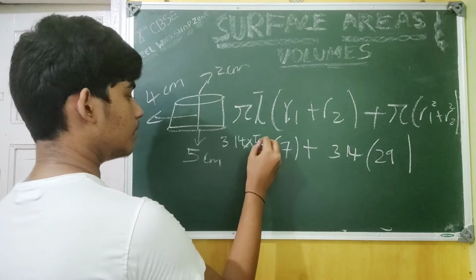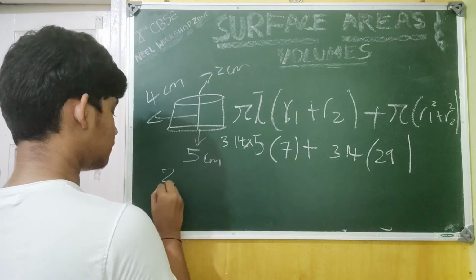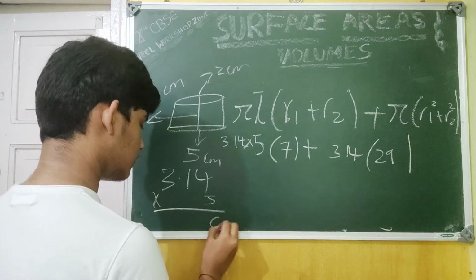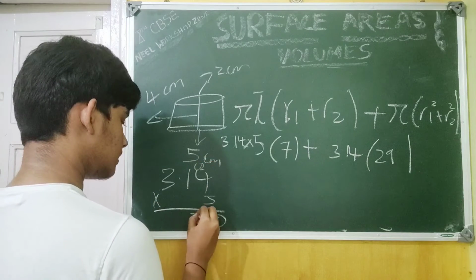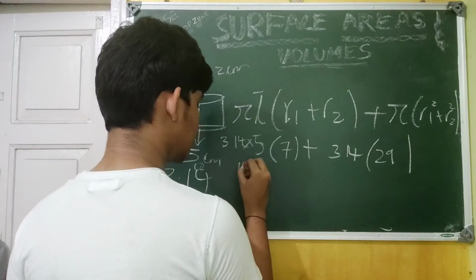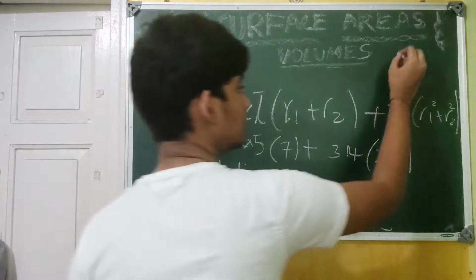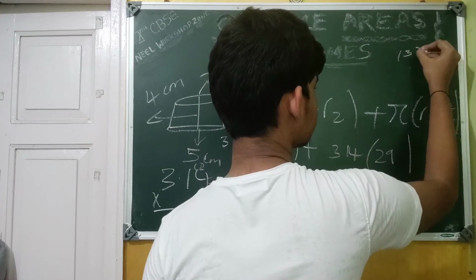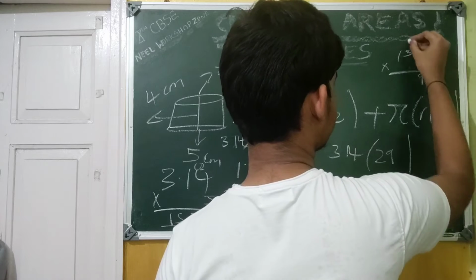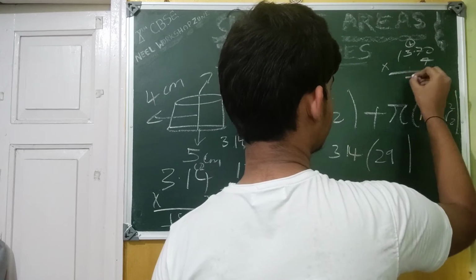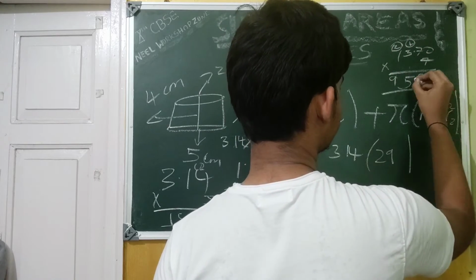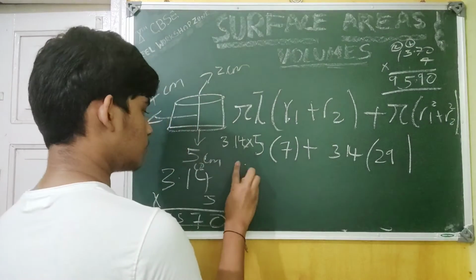These sums do get a little bit complicated, so let me do this real quick. 3.14 into 5 is 15.70. So 15.70 into 7 is 109.90.